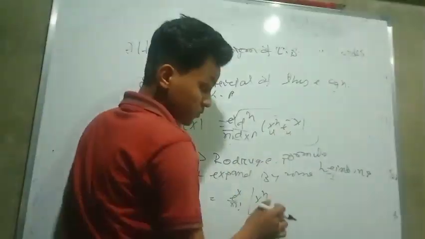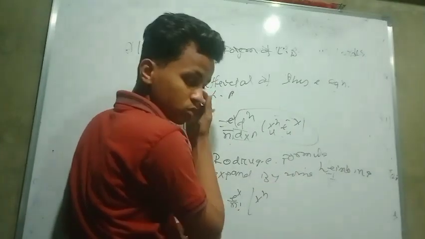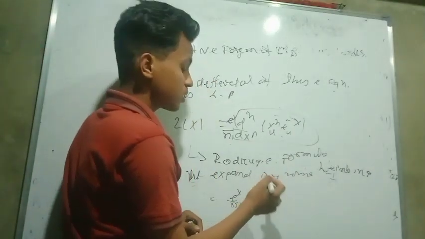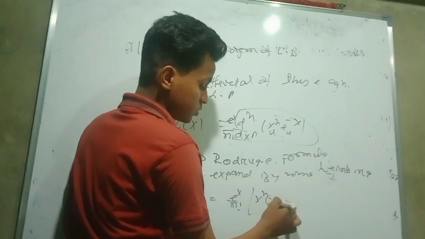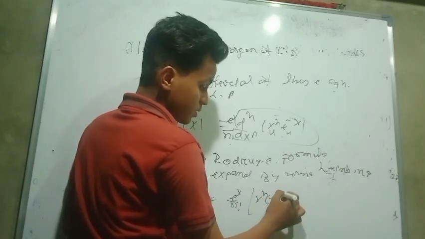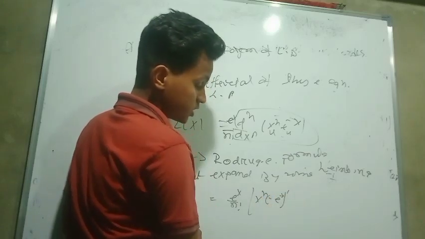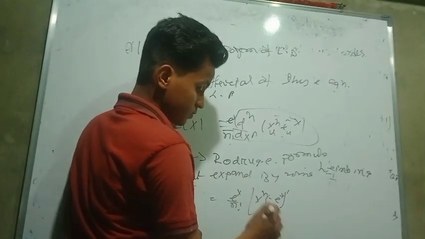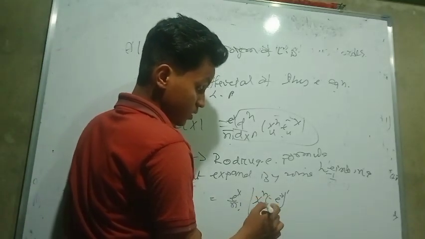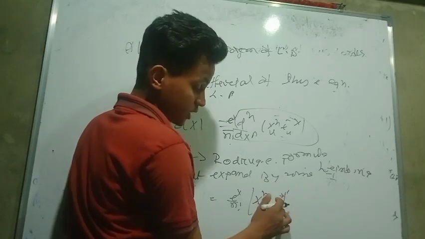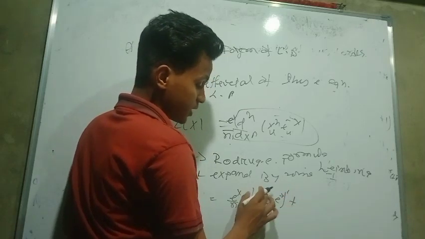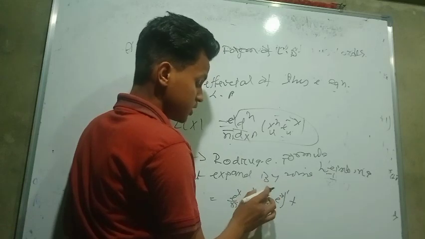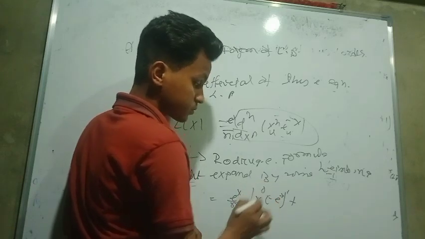First term differentiation, the same as the binomial theorem. So minus e to the power x, the differential of the n-th term of x.